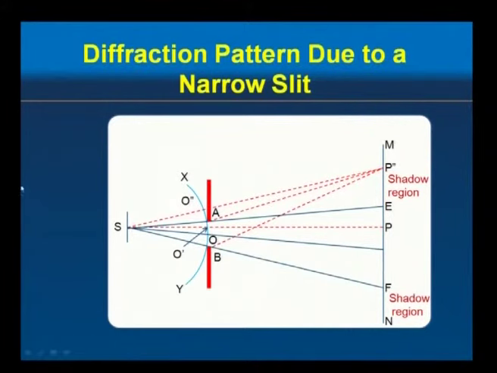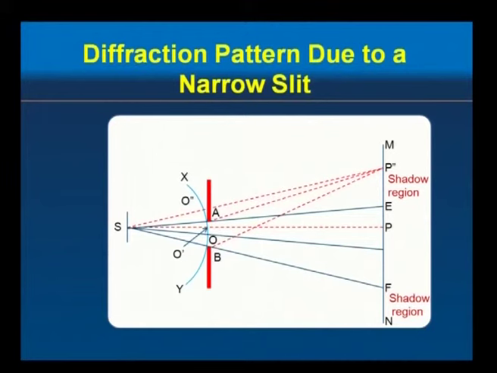So at the point P, as I told you just now, if the light coming from the first half period zone is M1, the light coming from the second half period zone will be M2. The magnitude of M2 will be less than M1. Therefore, you have to sum up M1, M2, M3, M4 and so on. The important point is M1 and M2 will be opposing each other because they are half period zones.